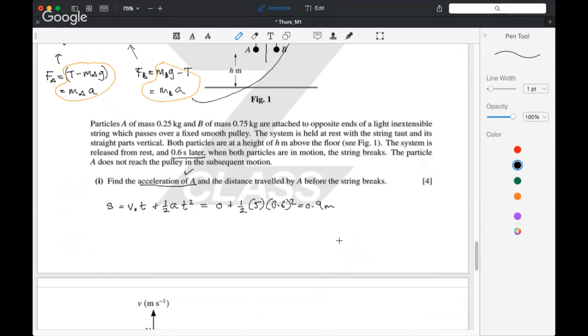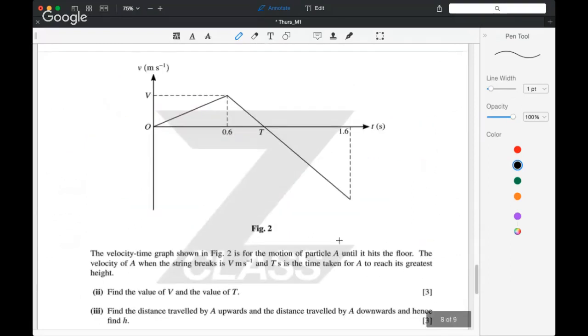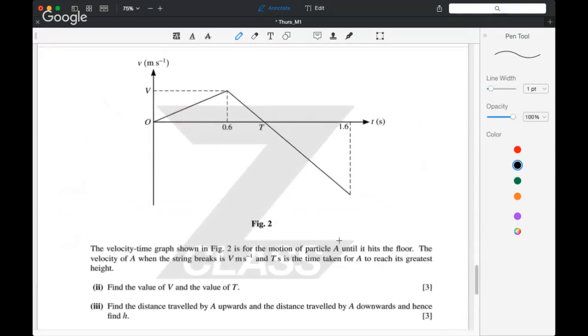Okay, sub-question 2. Here we've got a velocity time graph. This question is really about you being able to interpret it and not getting confused and thinking that it's a position time graph. So don't think that this point represents the highest that the thing is going. It's just the highest velocity. This is when the string breaks.